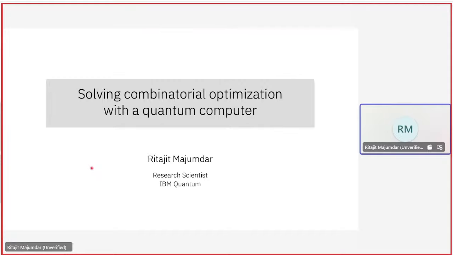Now, whenever I say combinatorial optimization, if you are a mathematics or computer science person, it can seem like this is for me. And if you are a physics or chemistry person, you can feel that this is not really for me, I am not interested.